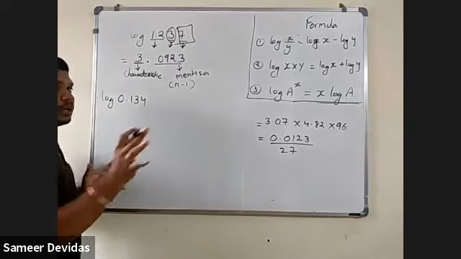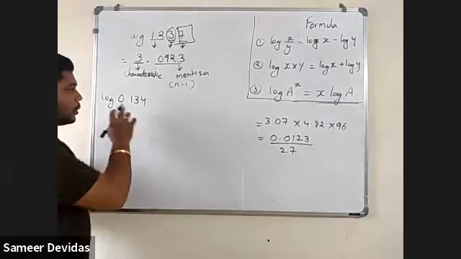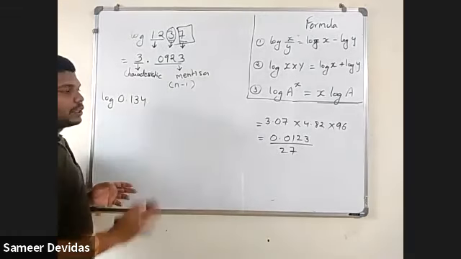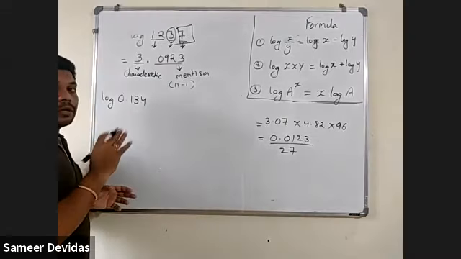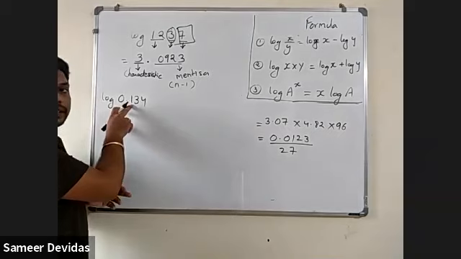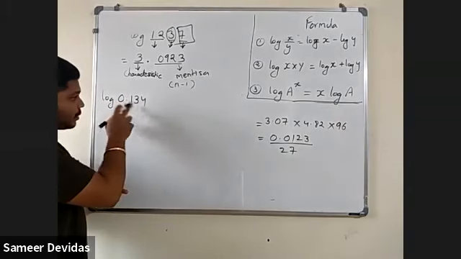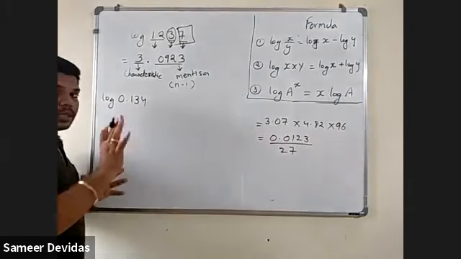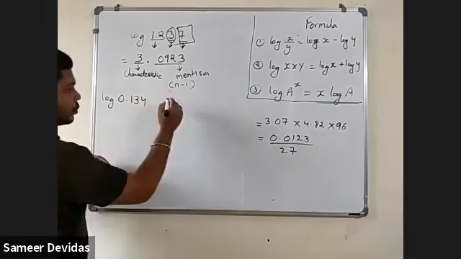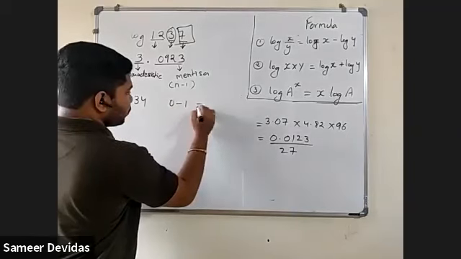Now here there are no numbers, so n is equal to 0. Before the decimal, nothing is there, but after the decimal, digits are there. So n is 0 here. So 0 minus 1. What is the answer?